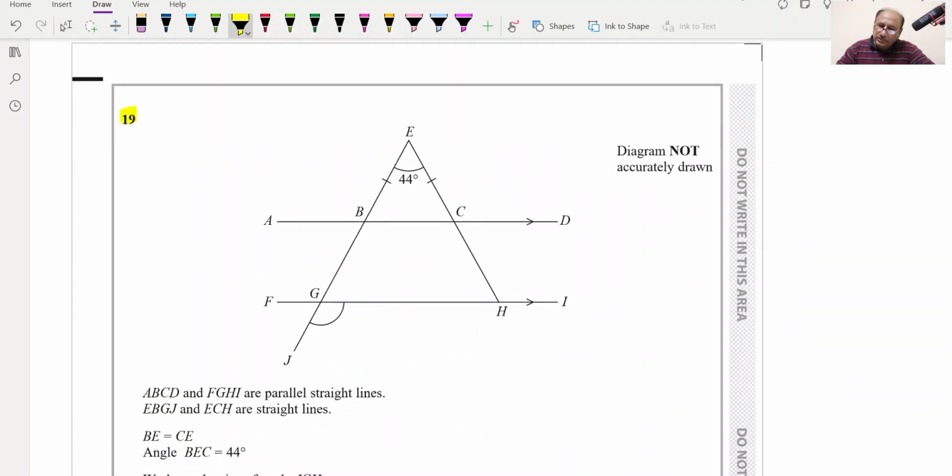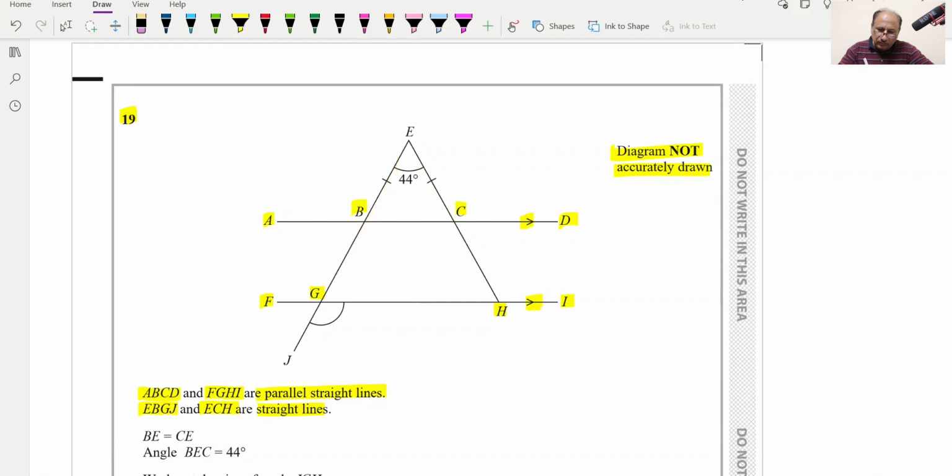Question number 19. Diagram not accurately drawn. A, B, C, D and F, G, H, I are parallel straight lines. A, B, C, D, this one, and F, G, H, I. These two are parallel lines. F, B, G, H and E, C, H are straight lines. So E, C, H is this straight line and this straight line.